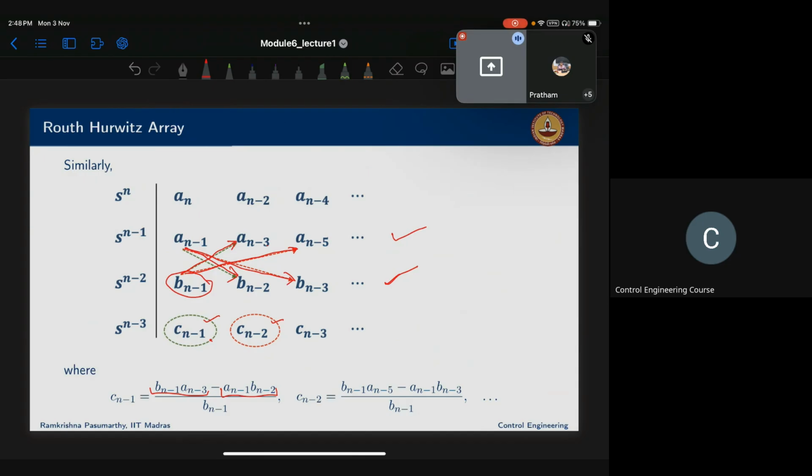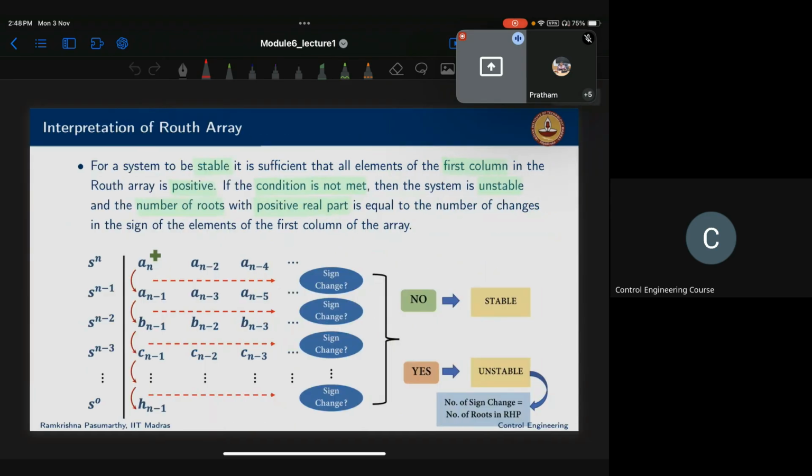Then after having this RH array, we are going to decide. We will check the sign changes between each row. From this row to this row, is there any sign change in the first column? It means between this element and this element, is there any sign change? So no sign change.